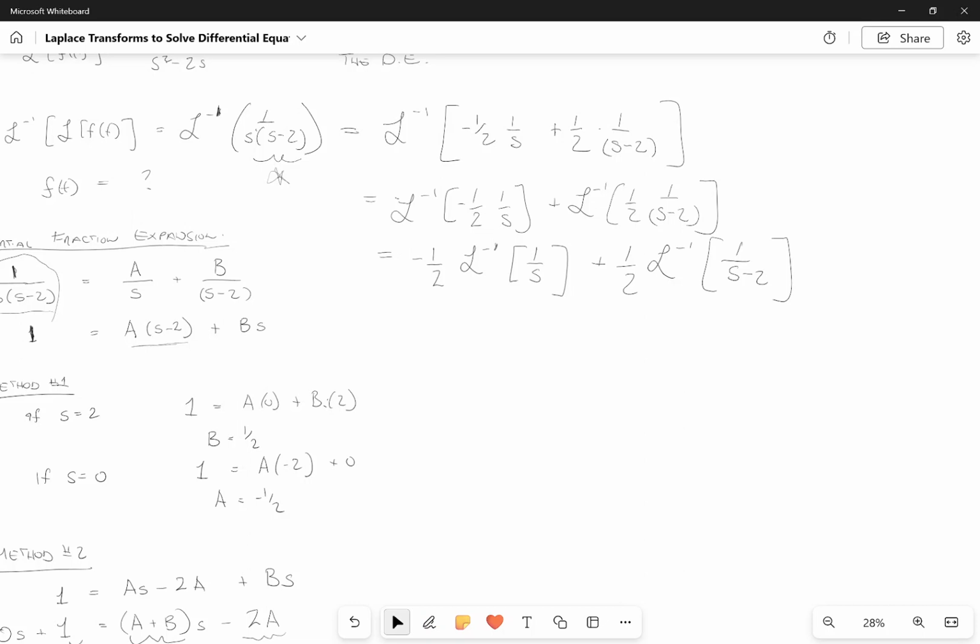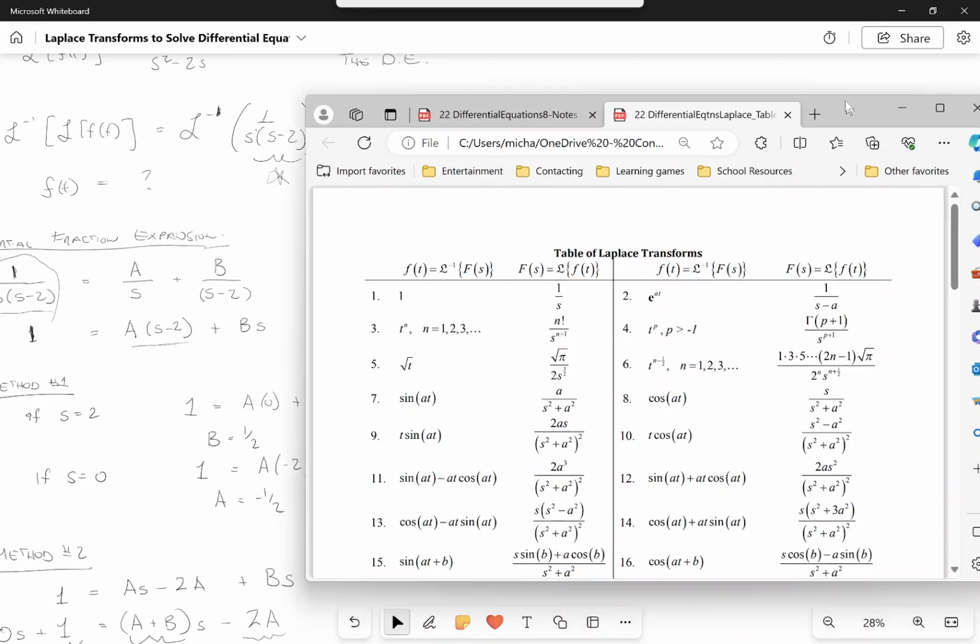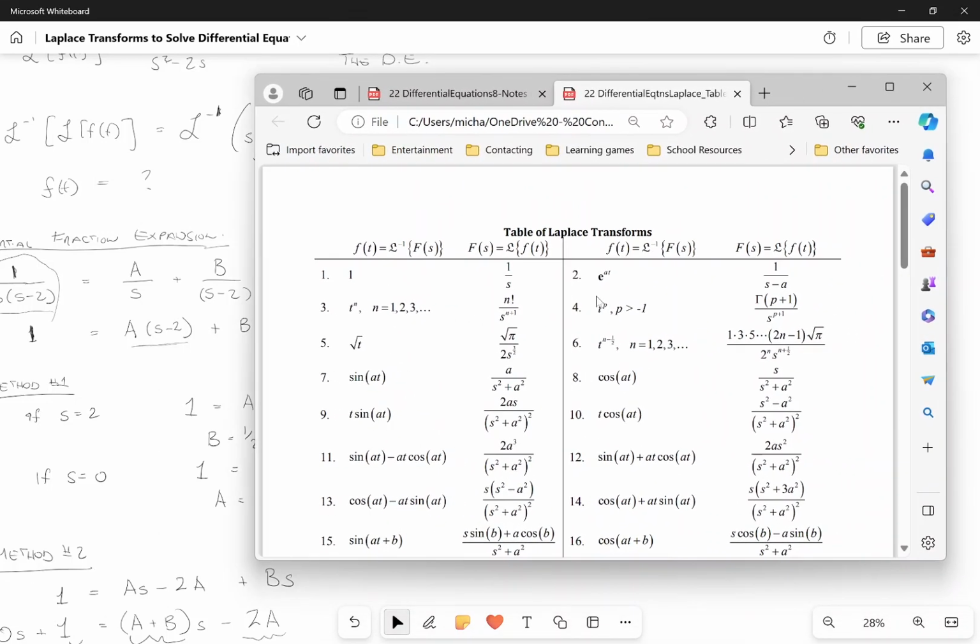We can see the inverse Laplace of the 1 over s and the 1 over s minus 2. Let me go and grab a Laplace table here and show you what I'm talking about. Okay, so here's the Laplace table. Let me bring it over to the screen here. Here's a table of Laplace transforms.